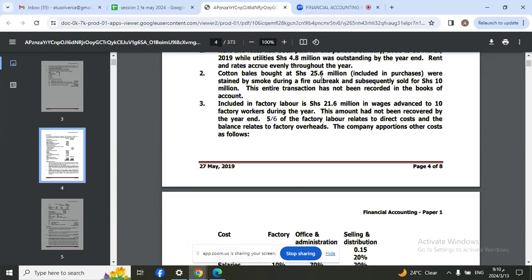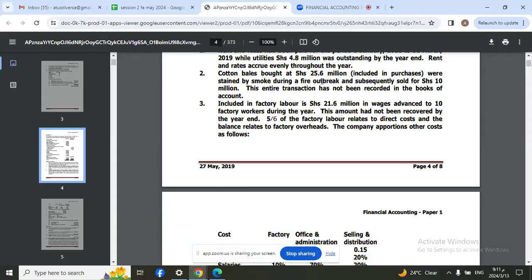Is there someone with any suggestion? Hello? Sammy, no. They could have said included in the closing stock is cotton bales, but they had said in this question, it is under purchases.